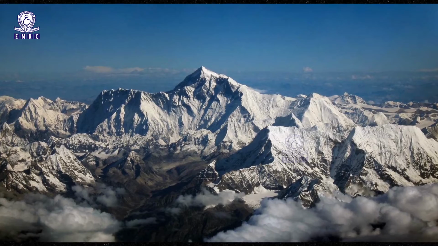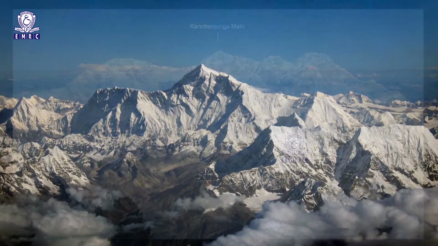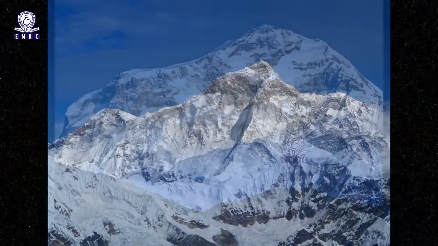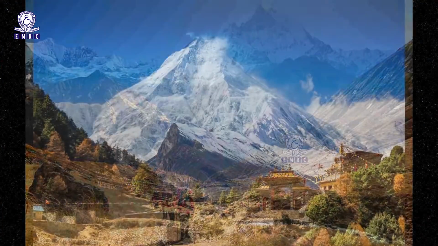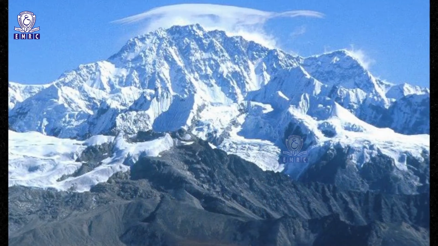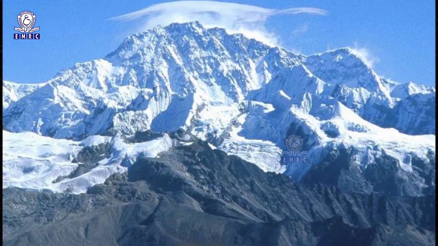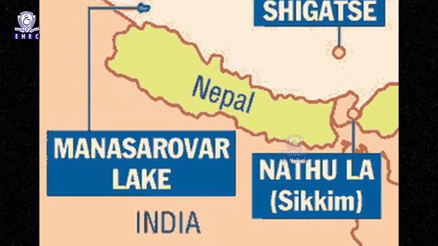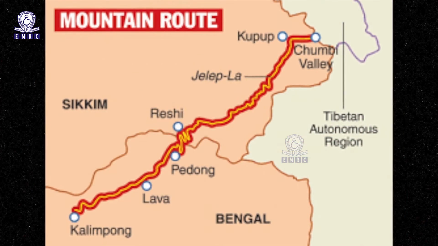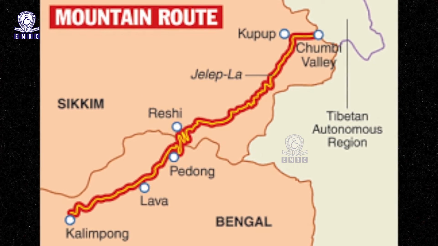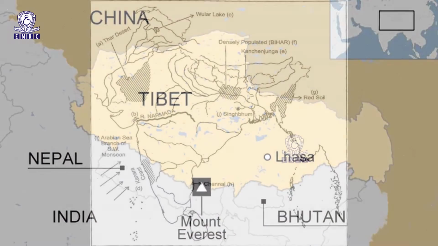All the three ranges of the Himalaya are represented here. The highest peaks of the world like Mount Everest, Kanchenjunga, Makalu, Dhaulagiri, Annapurna, Manaslu and Gosainthan are situated in this part of the Himalaya. It has very few passes. The passes of Nathula and Jelepla connect Gangtok with Lhasa, Tibet, China.